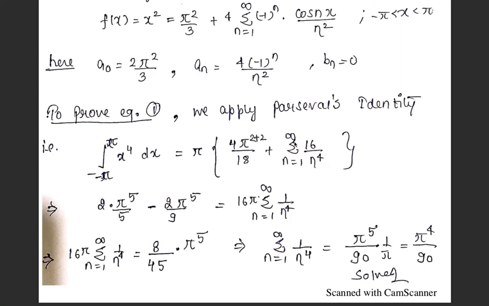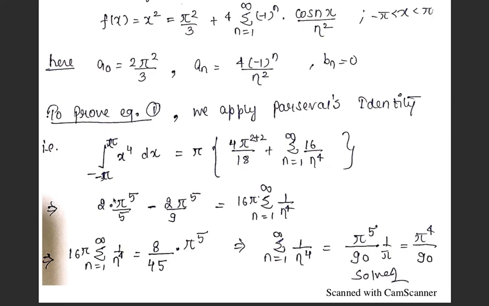And on the right hand side we are left with 16 pi, 16 I have taken common, summation n from 1 to infinity 1 by n to the power 4. Note that this is the quantity which we are required to obtain. So I am writing it here, is equal to 8 by 45 into pi to the power 5.